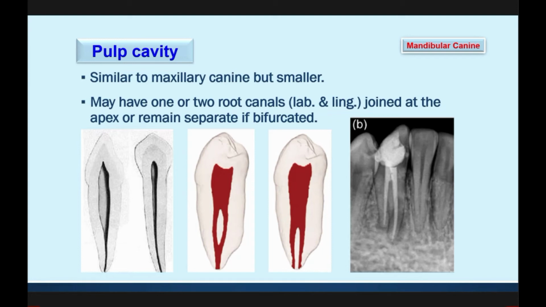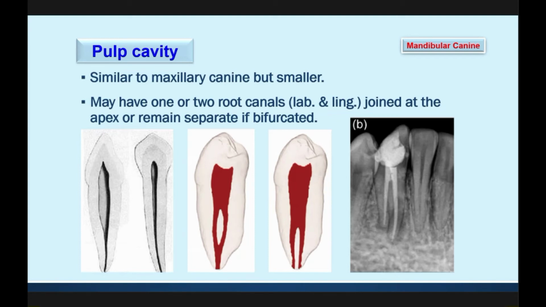This is very normal in the case of the mandibular canine, that either they are divided and end as two apical foramina, two canals, or they are divided and join again at the apical area to become one canal. So both are difficult. Doing root canal treatment for the lower canine is very difficult. This is why.